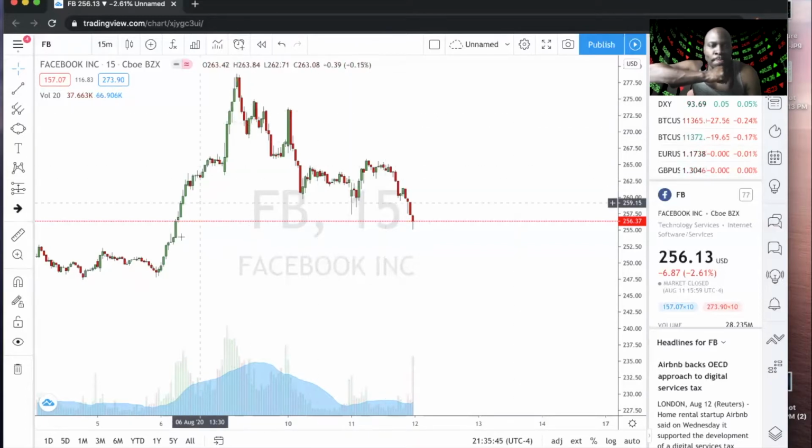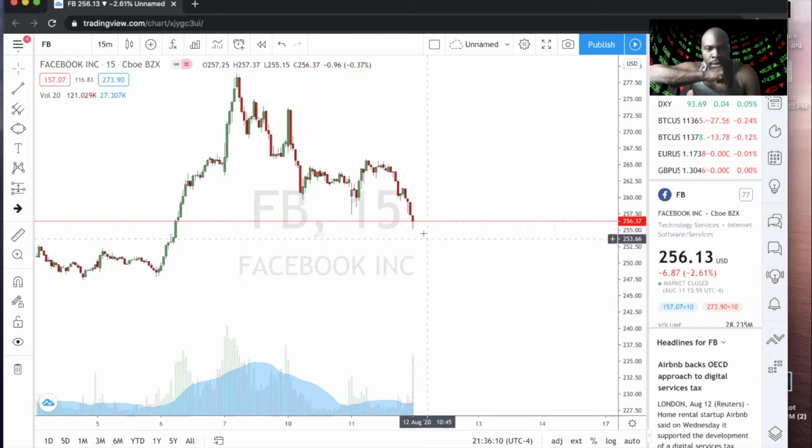These are candlesticks, and each one represents a buy or sell order that was completed in the past. So this candlestick right here represents the last trade that was done at the closing of the bell, the last trade for the day.